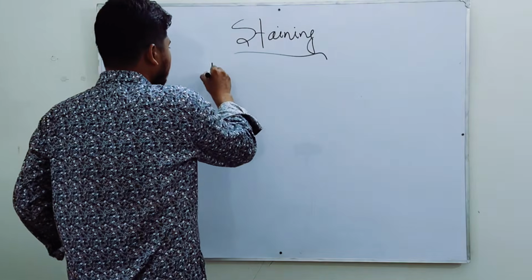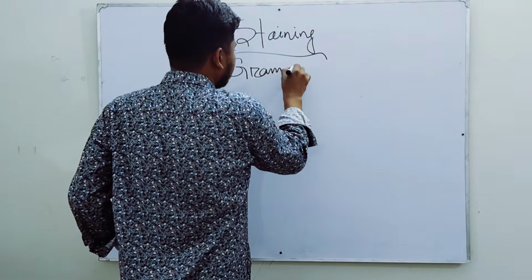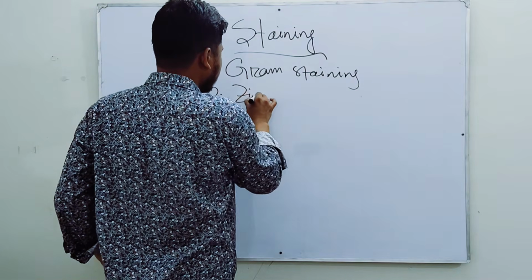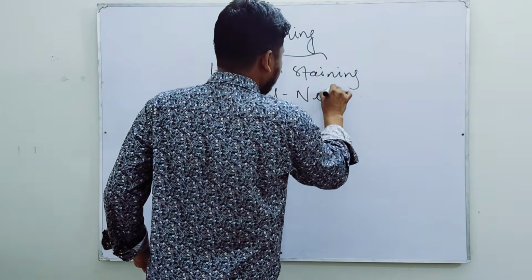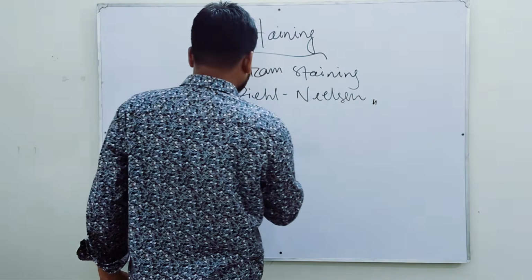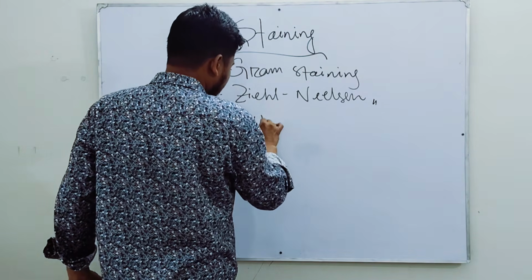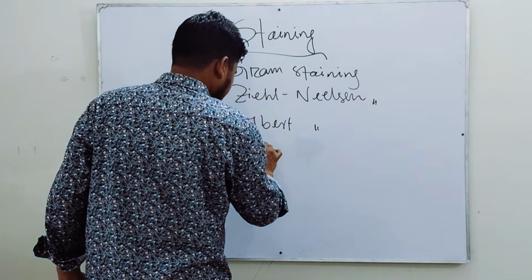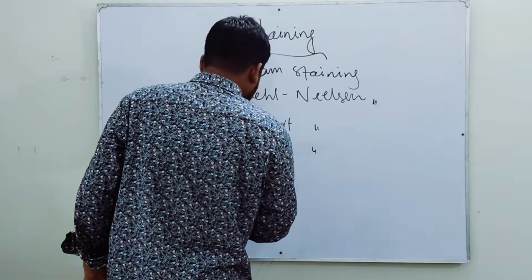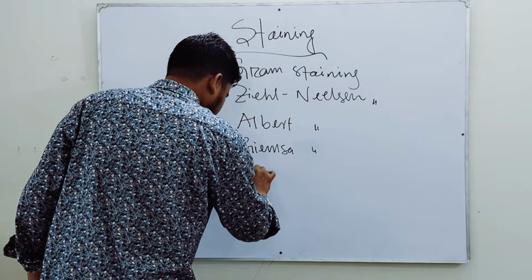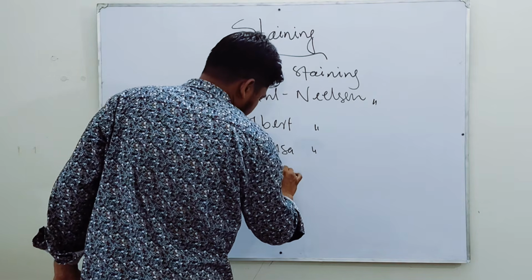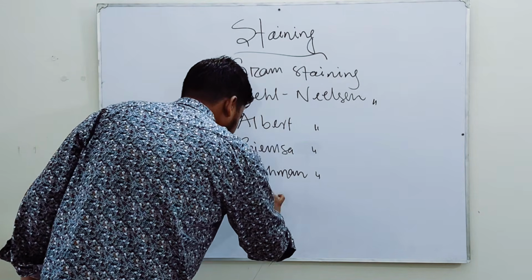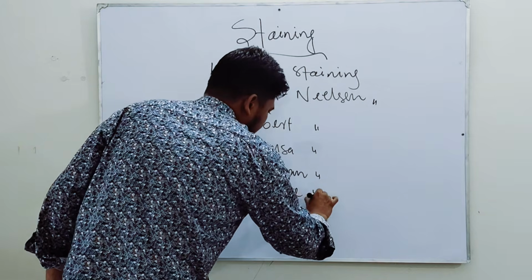Common staining methods are gram staining, Ziehl-Neelsen staining, Albert staining, Giemsa staining, Leishman staining, and negative staining.